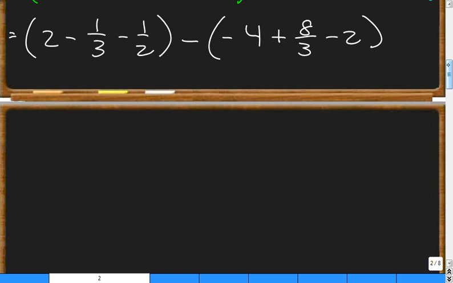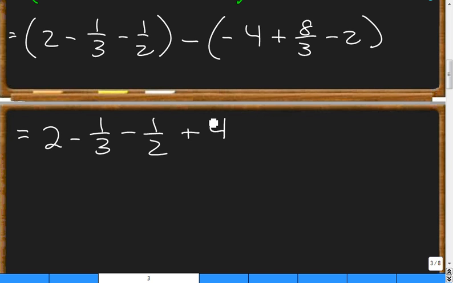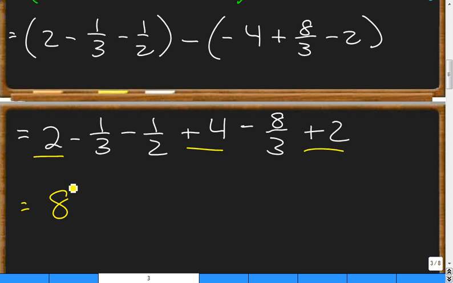And now we're going to break this up. This will be 2 minus 1/3 minus 1/2. We then break apart the rest and distribute our negative to each part. The negative times -4 makes positive 4. Negative times 8/3 makes -8/3. And a negative times -2 makes a positive 2. We can then combine our like terms. This makes 8.